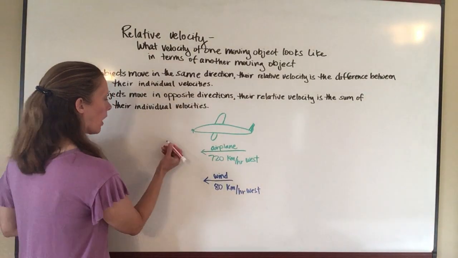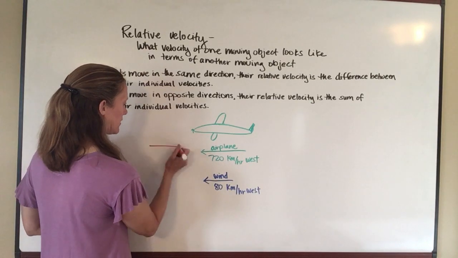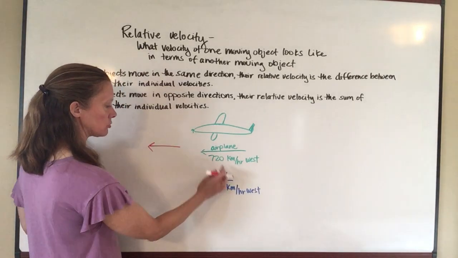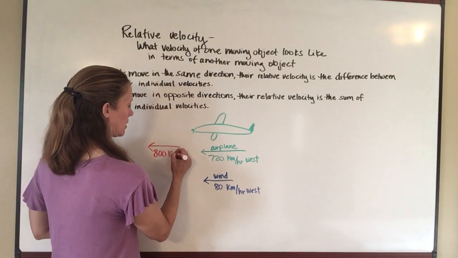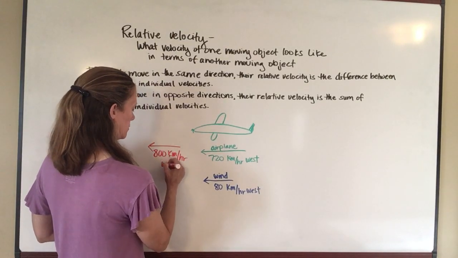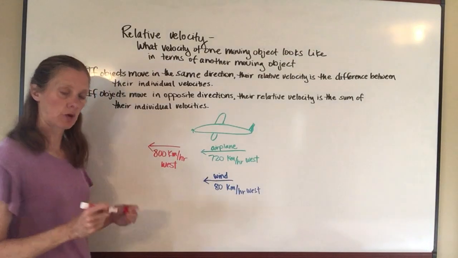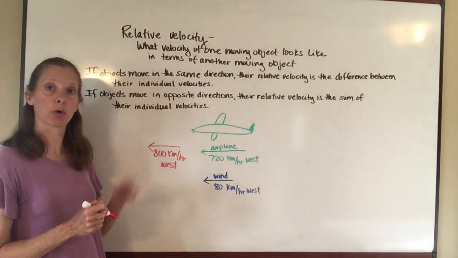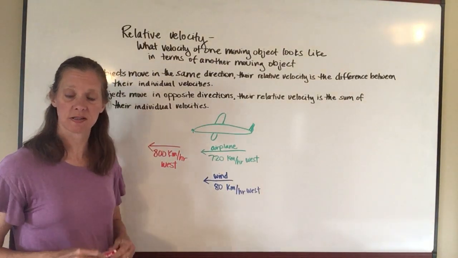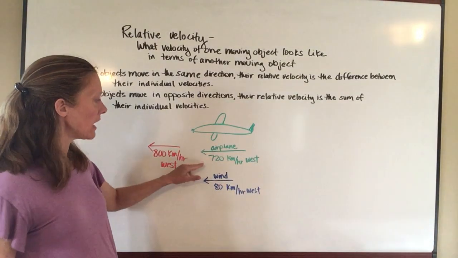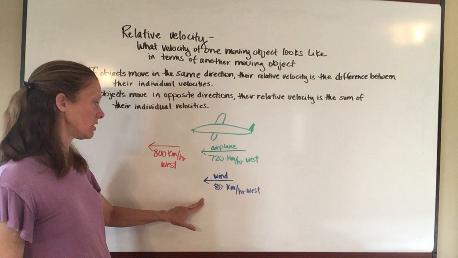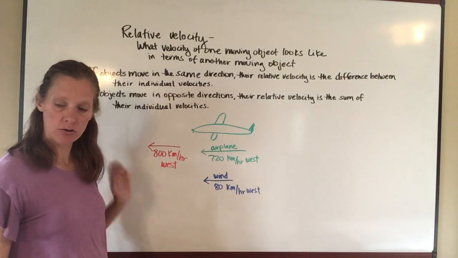And so the ultimate effect here is going to be 720 plus 80, which is going to be 800 kilometers per hour to the west. Okay, so it's going to actually speed the airplane up in this particular case. I can just add those two vectors together because they are going the same direction, and so it's going to give me a higher speed.